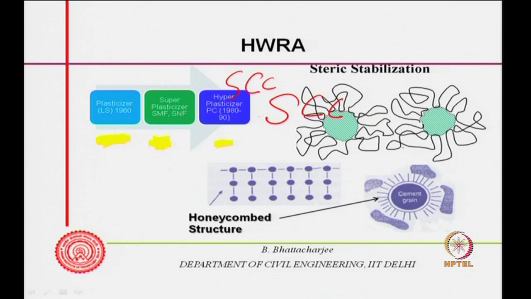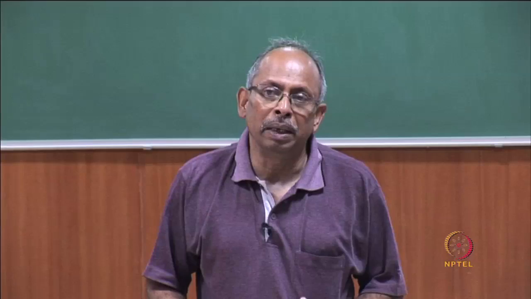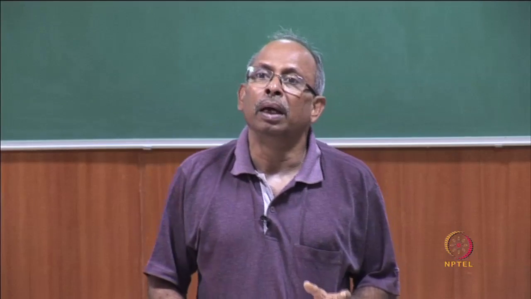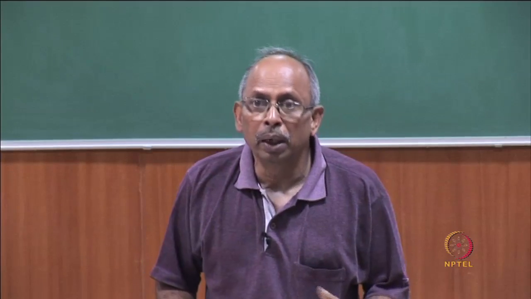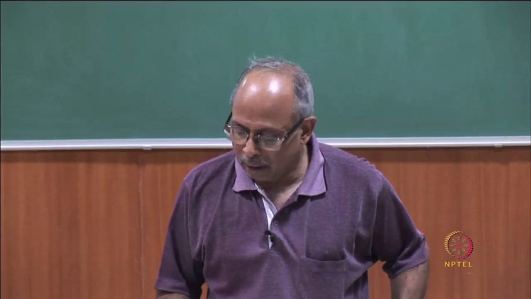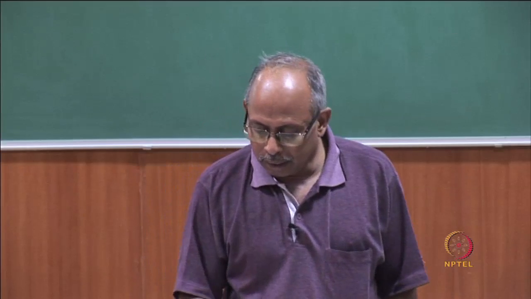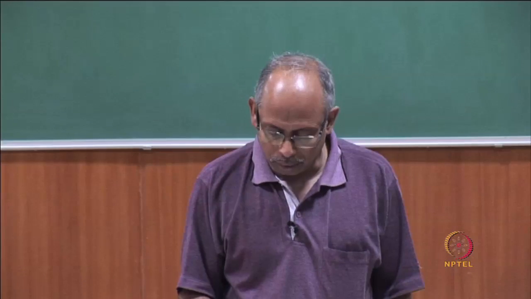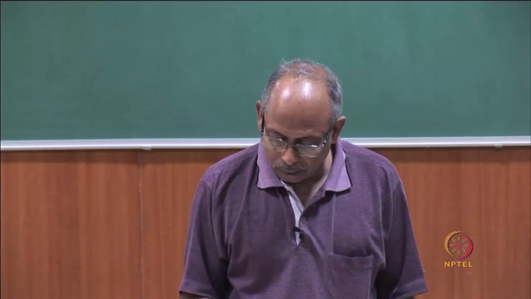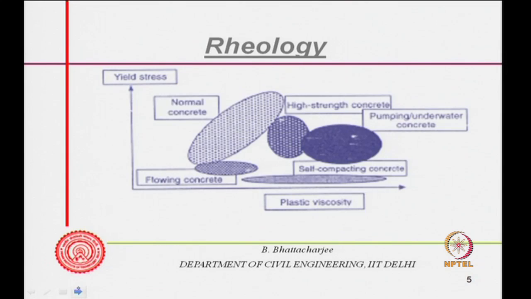We discussed earlier what steric stabilization is and how the PC type admixtures work, when we talked of chemical admixtures to concrete. We are just reiterating the same thing a little bit more, and historically this led to self compacting concrete.